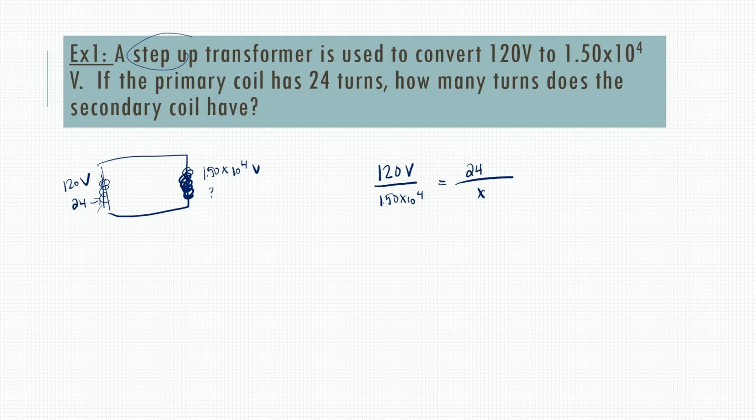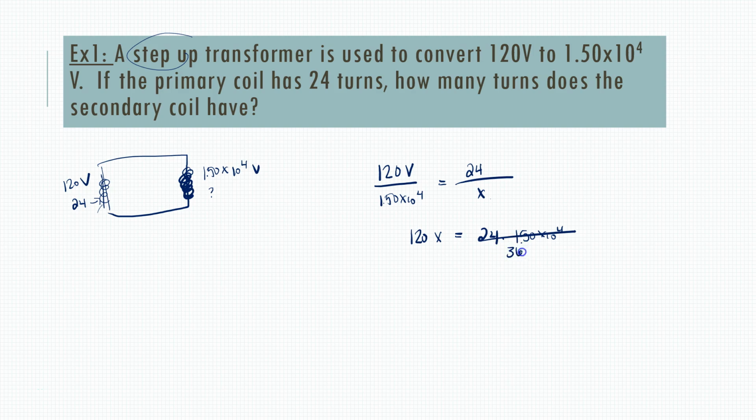What we're going to do is crisscross. We are going to have 120 times x is equal to 24 times, what is that? 1.50 times 10 to the 4th. So 24 times 1.5 times 10 to the 4th is 360,000.